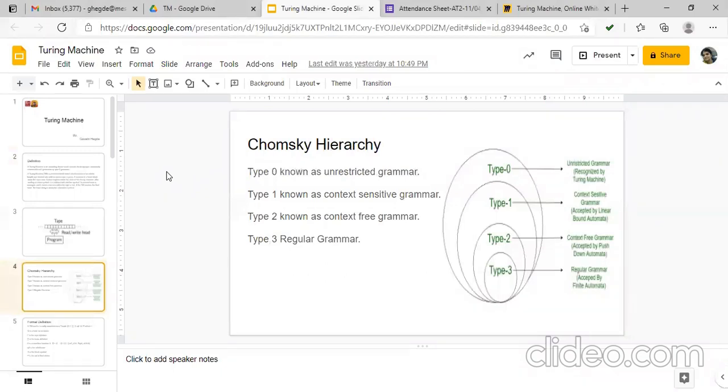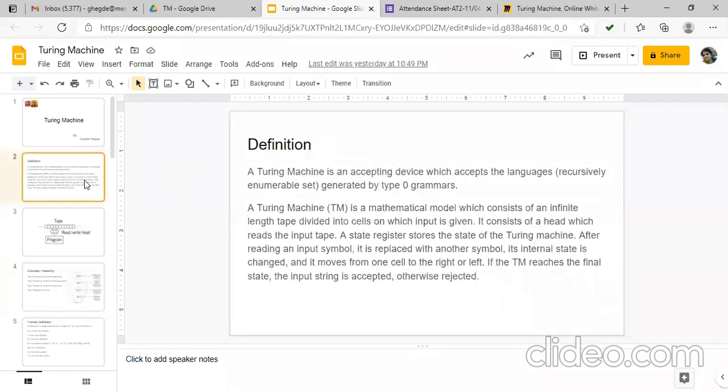Unrestricted grammar. Actually, Turing machine can recognize any grammar: type 3, type 2, type 1, type 0, that is, regular grammar, context free grammar, context sensitive grammar, unrestricted grammar. The language generated by unrestricted grammar is only recognized by Turing machine. The other machines cannot recognize unrestricted grammar, or recursive language.